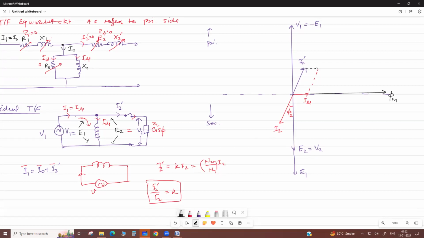So this and this, their vector sum will give this one. This is the I1 current. Now between V1 and I1 there is a phase difference.